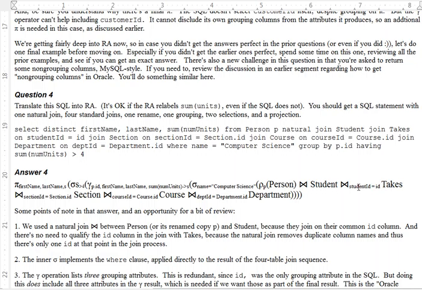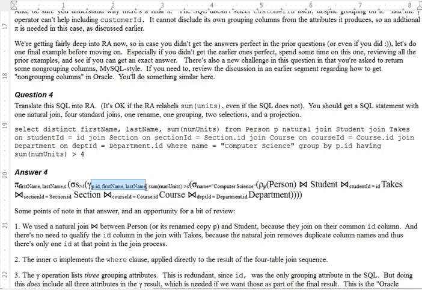Second point, the inner sigma on name equals computer science implements the where clause, and it applies directly to the result of the entire 4-table, or actually 5-table join sequence here. The gamma operation lists 3 grouping attributes along with the computed sum.